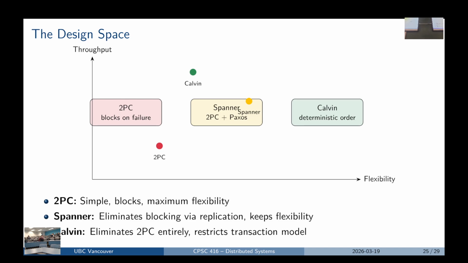Calvin has really good throughput, but is less flexible because you have to know what things are up front. And then Spanner is lower throughput than Calvin, but more flexible than Calvin. So you're moving through that space. You know, when I looked at this picture, I said, oh, that looks pretty, but I think I need to move those blocks around a little bit.